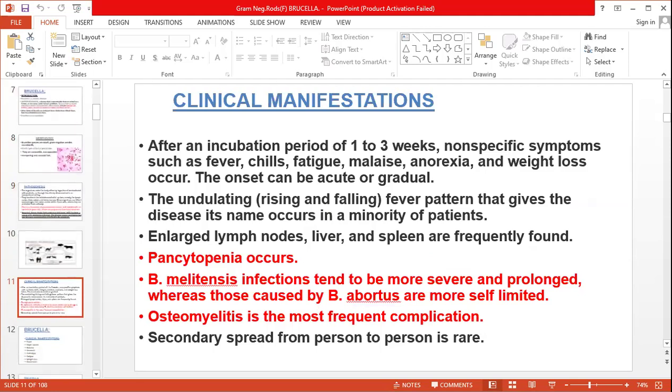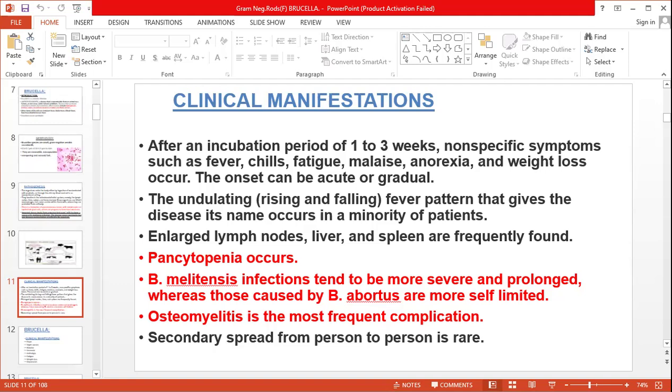After an incubation period of 1 to 3 weeks, the clinical manifestations begin. Non-specific symptoms like fever, chills, fatigue, malaise, anorexia, and weight loss occur. The onset can be acute or gradual.